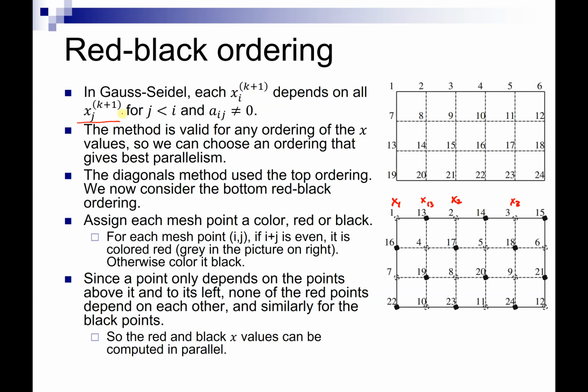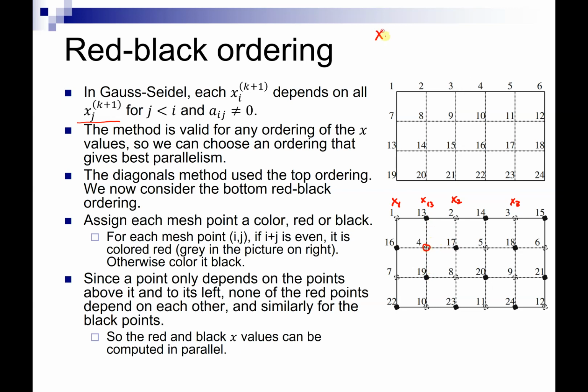What you can see over here is that, for example, this point x4 only depends on x13 and x16, and also x17 and x19. But all of these points, 13, 16, 17, 19, have j larger than 4.